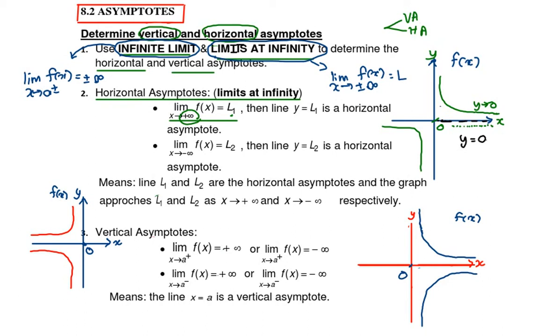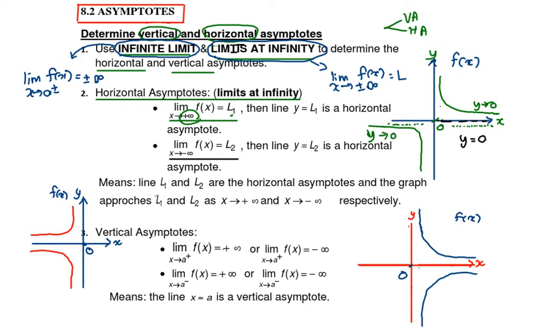When the limit as x approaches negative infinity equals L2, it means x approaches negative infinity, and the graph's y approaches 0.